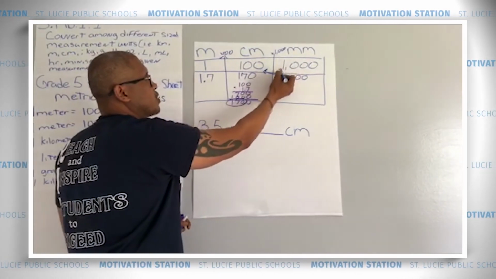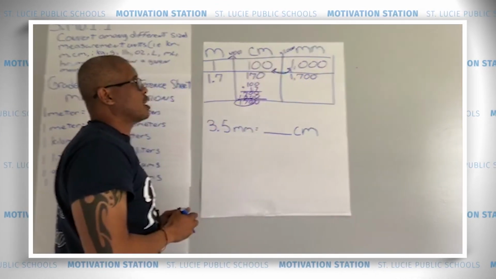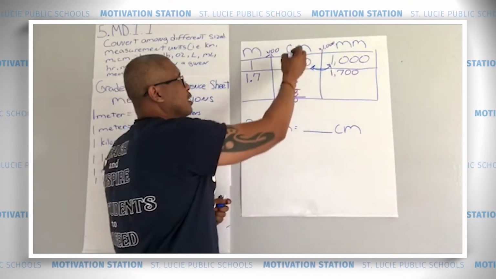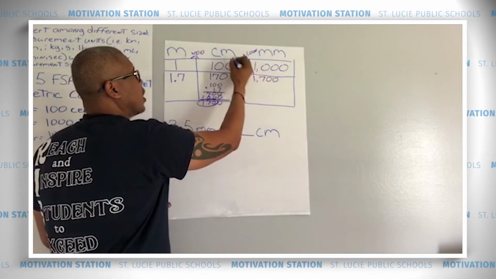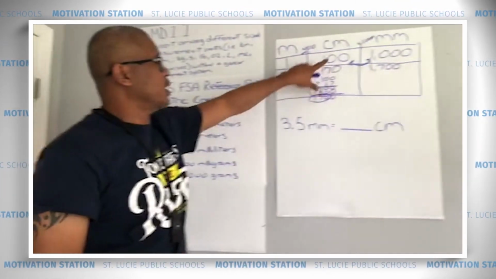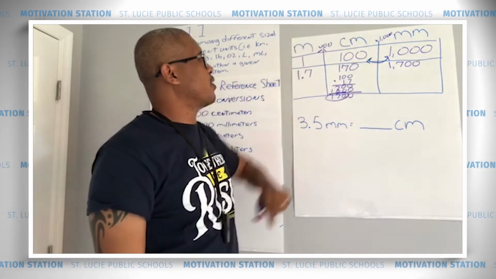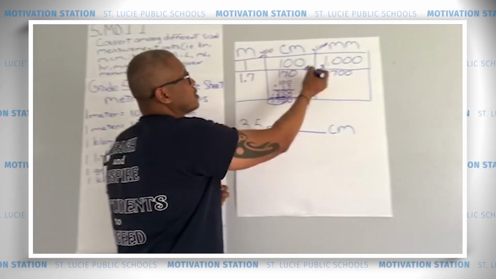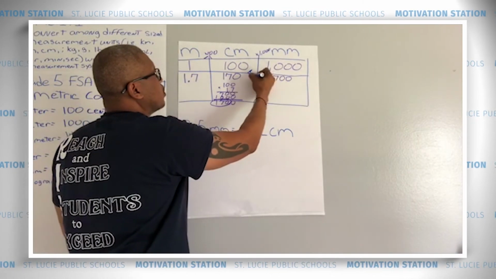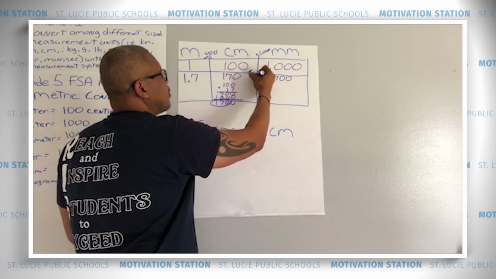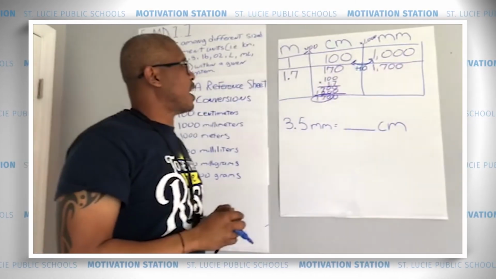Well, 100 is 10 times less than 1,000. So this would be divided by 10.